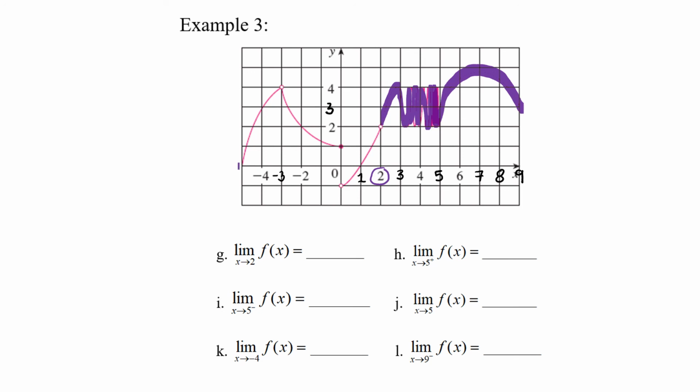And then with our left hand limit, looking at the outputs of our function, as our inputs get closer and closer to 2, it seems like our outputs from the left are also getting closer to 2. So since our left and right hand limits are both 2, our overall limit is 2.